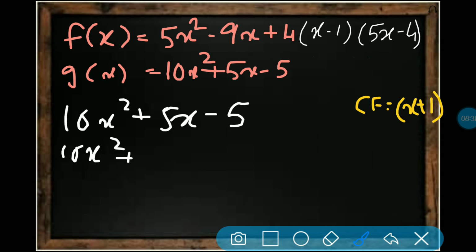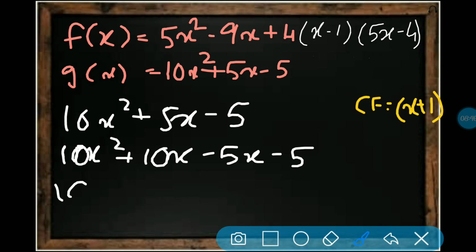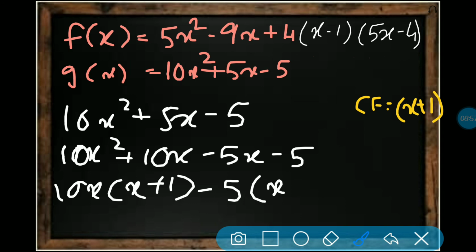So 10x square plus 10x minus 5x minus 5. Now the common factor for 10x square and 10x is 10x, with x plus 1 here, and for the rest minus 5 is common.